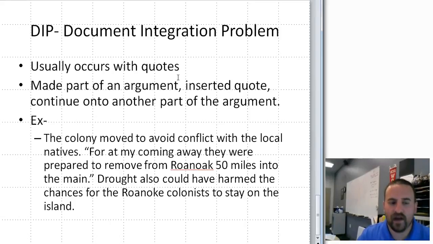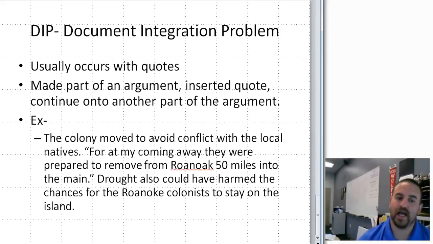So the example we have is, the colony moved to avoid conflict with the local natives. For at my coming away, they were prepared to remove from Roanoke 50 miles into the main. Drought also could have harmed the chances for the Roanoke colonists to stay on the island. So right here, this is connected to the colony moved to avoid conflict. But neither this first sentence before the quote nor the second one physically links that quote to the argument.